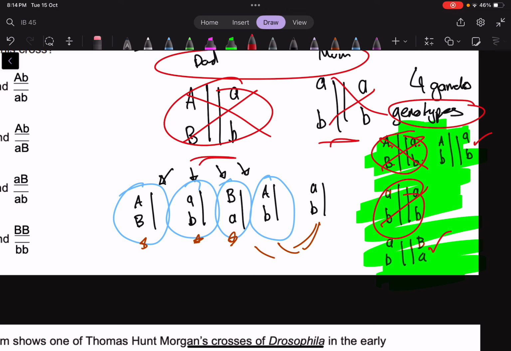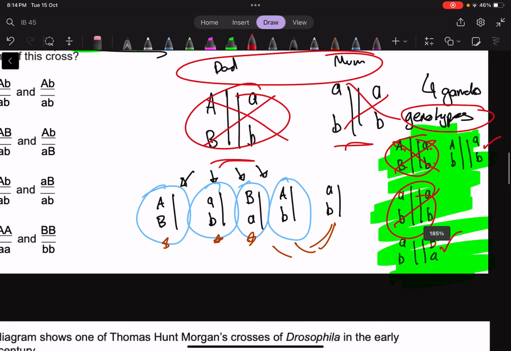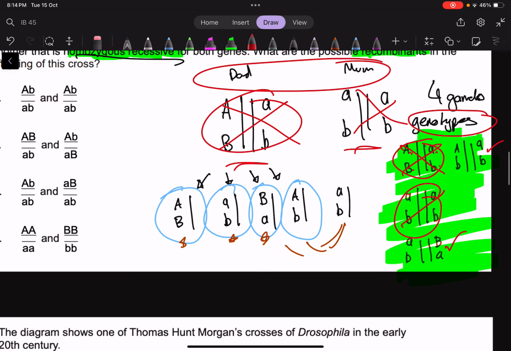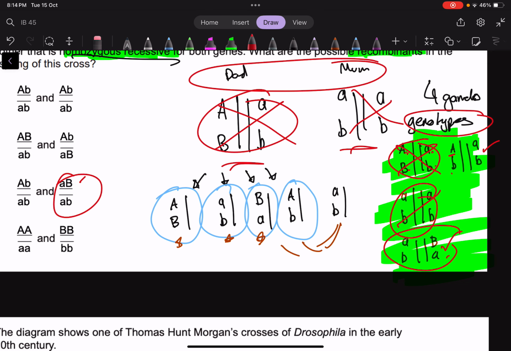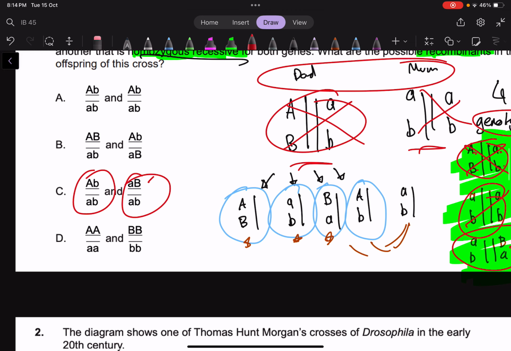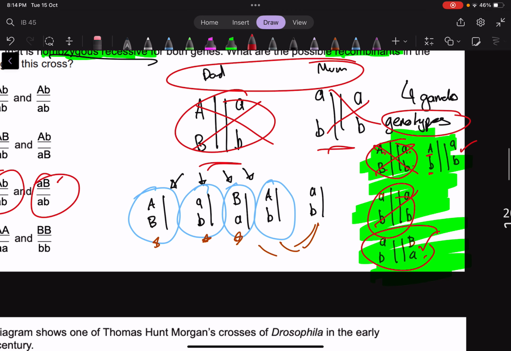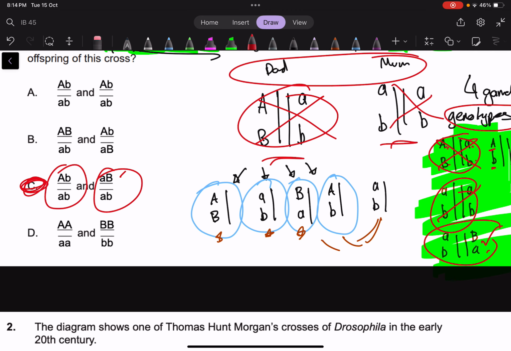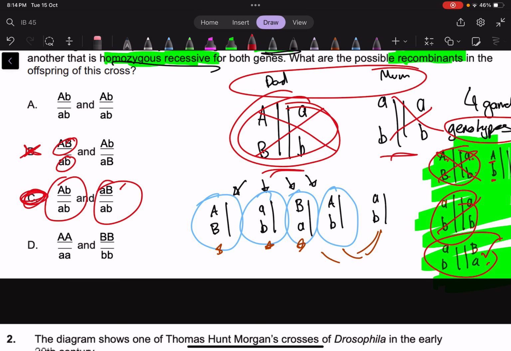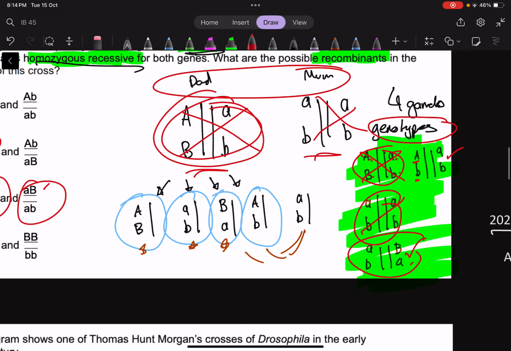Okay. So now let's have a look for which one is in that answer. Immediately I can see a big B, little a, little b. So this one is looking like that one. And big A, little b. Yeah, so I'm just going to confirm C, but check the other ones. Big A, B, we can see that actually just is the dad, so that's not a recombinant. Big A, little b, little b, big A, little b, big A, b.